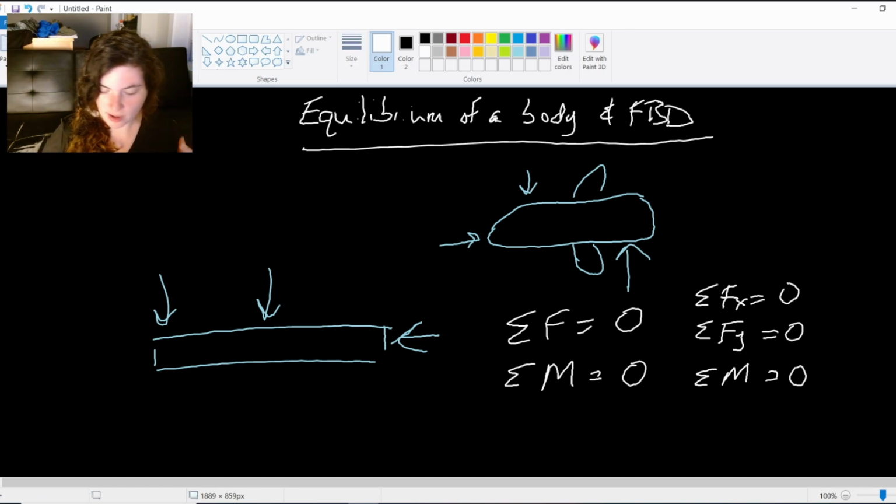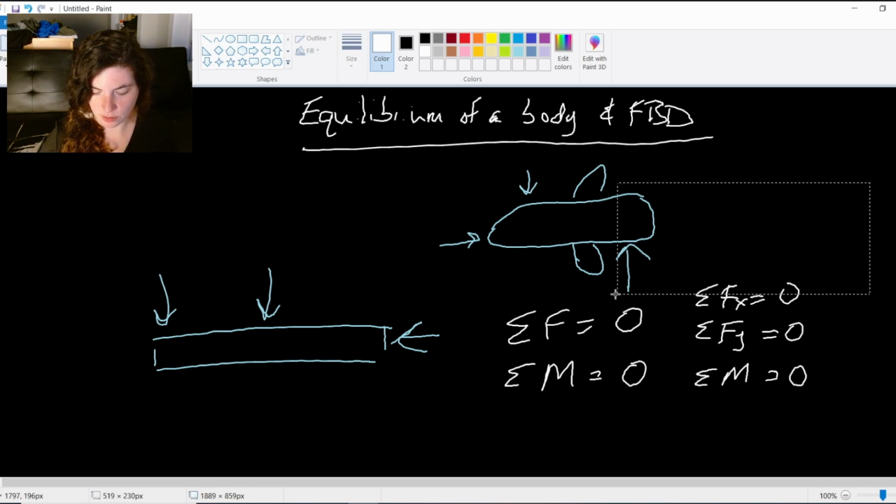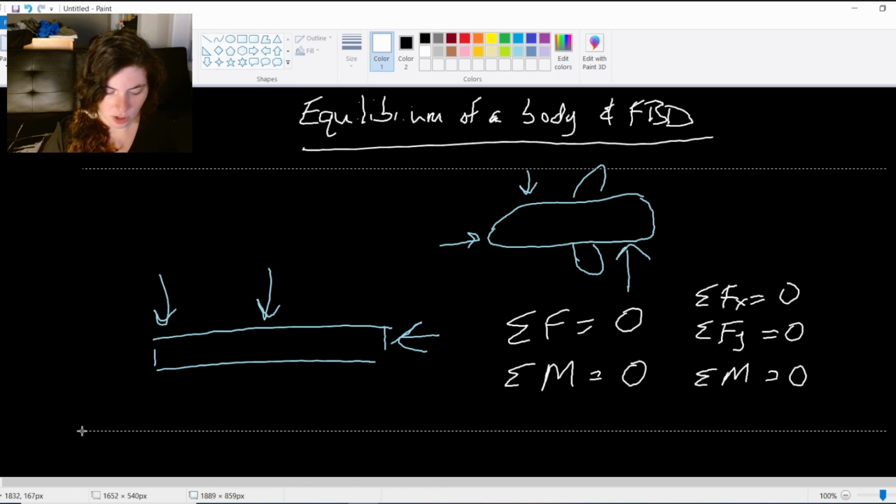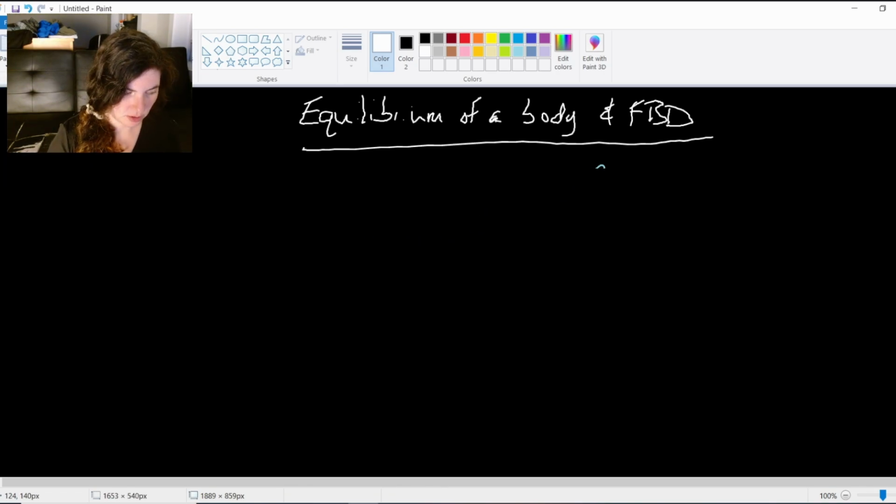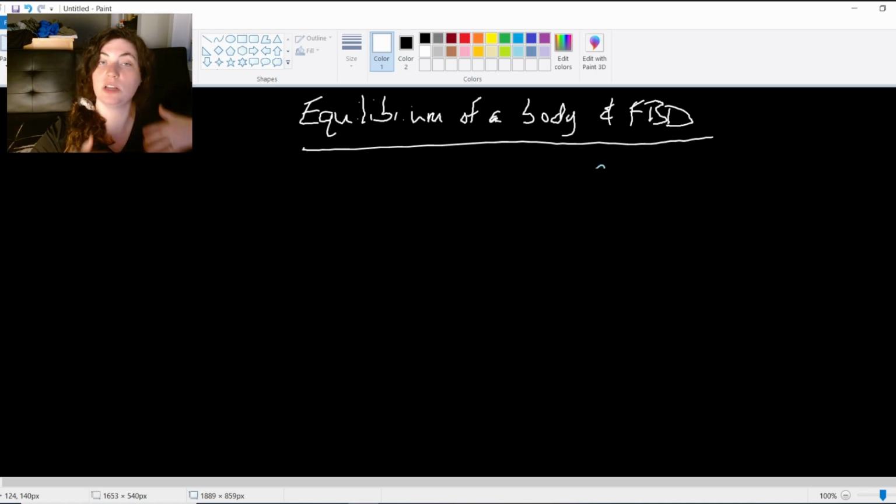So when we have something like a bridge, something like a beam, these things are supported, right? They're not just floating in space. Like sometimes our particles were just floating in space, right? If you have a knot in a string or something like that, our equilibrium of a particle was often just floating in space.